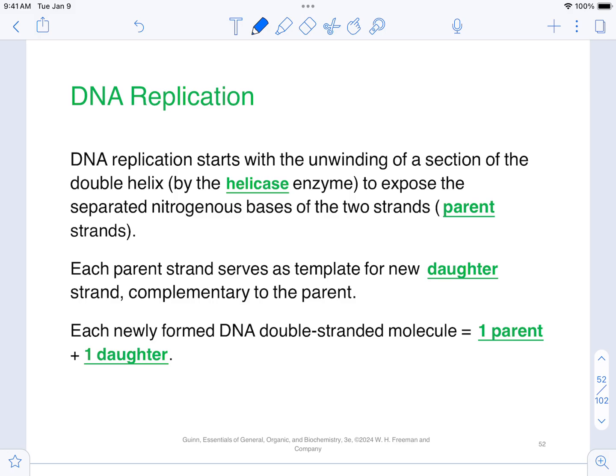And we call this the parent strand. These parent strands are the mold, or these are the templates for new daughter strands to come into play here. Each newly formed DNA, double-stranded molecule, has a parent strand and a daughter strand. So they will go hand in hand together.